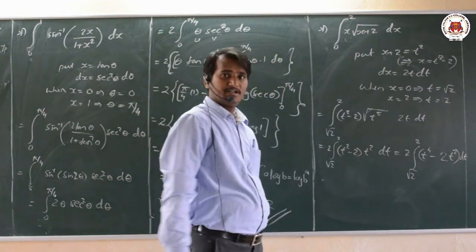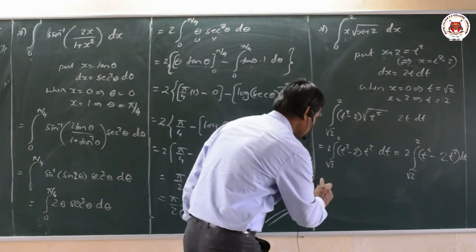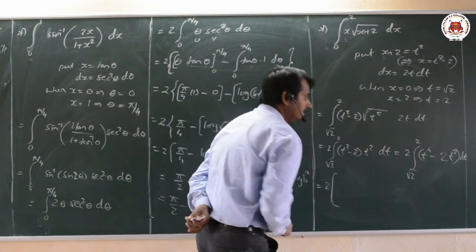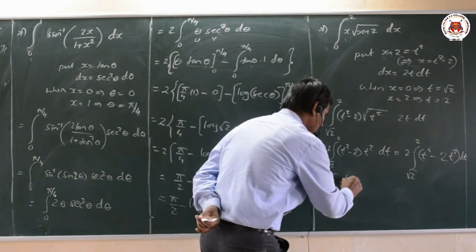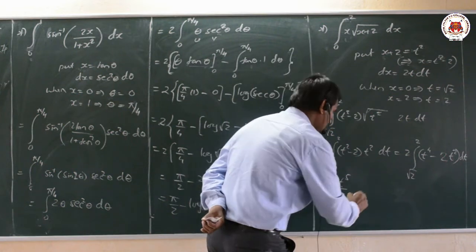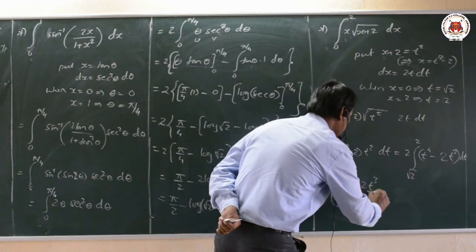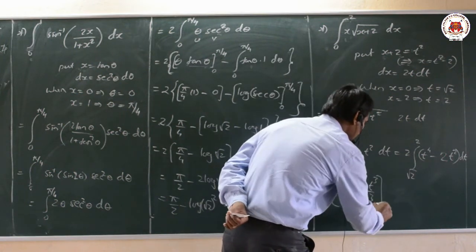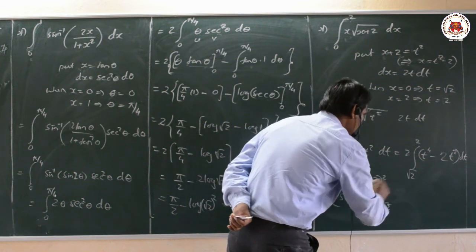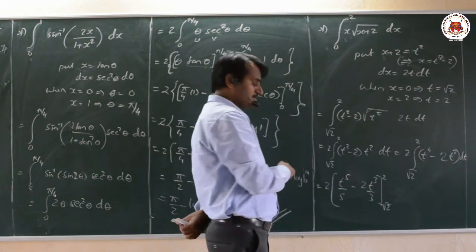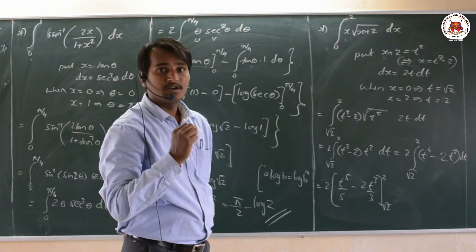Now easily you can integrate it. So we get 2 into the integration, where t raised to 4 becomes t raised to 5 by 5, minus 2 into t cubed divided by 3, between the limits root 2 and 2. Now we can substitute both the upper limit as well as the lower limit value here.